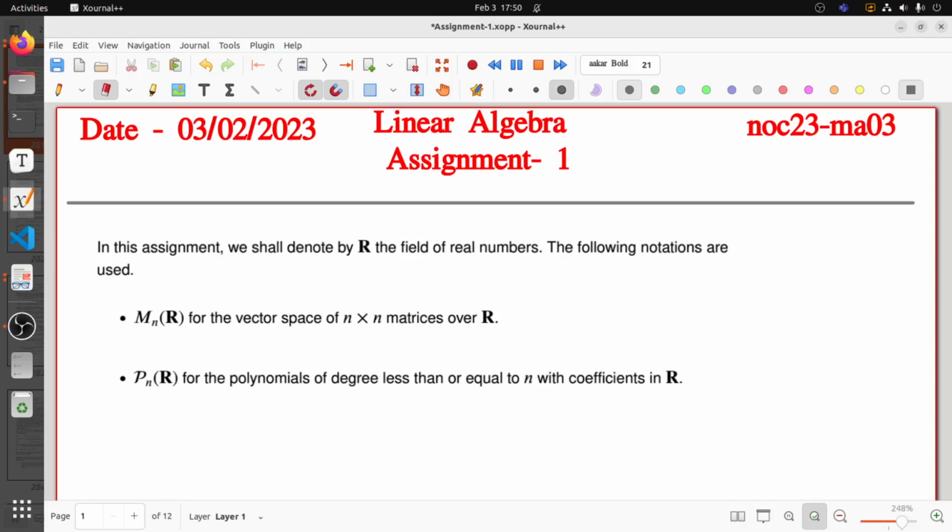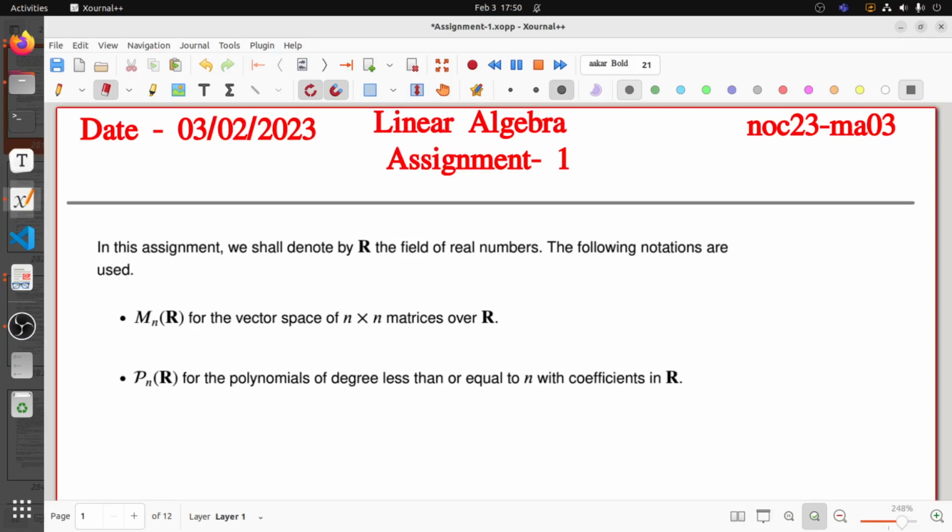Now you have to check the next one, the existence of a multiplicative identity. So what is the definition of multiplicative identity? What we have to check is, for u in R plus, does there exist a c, a real number, such that u dot c equals c dot u equals u?